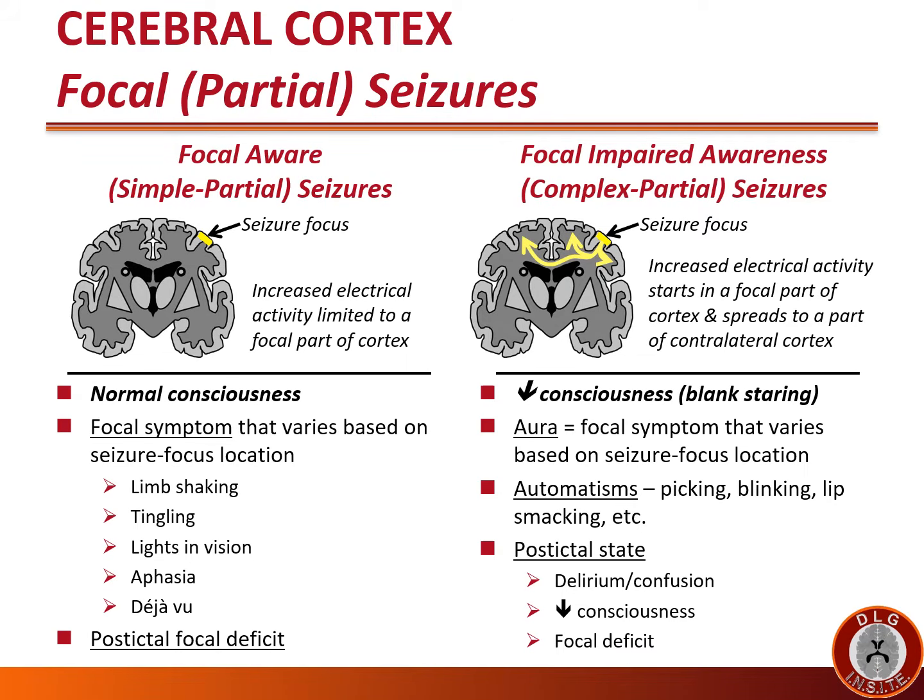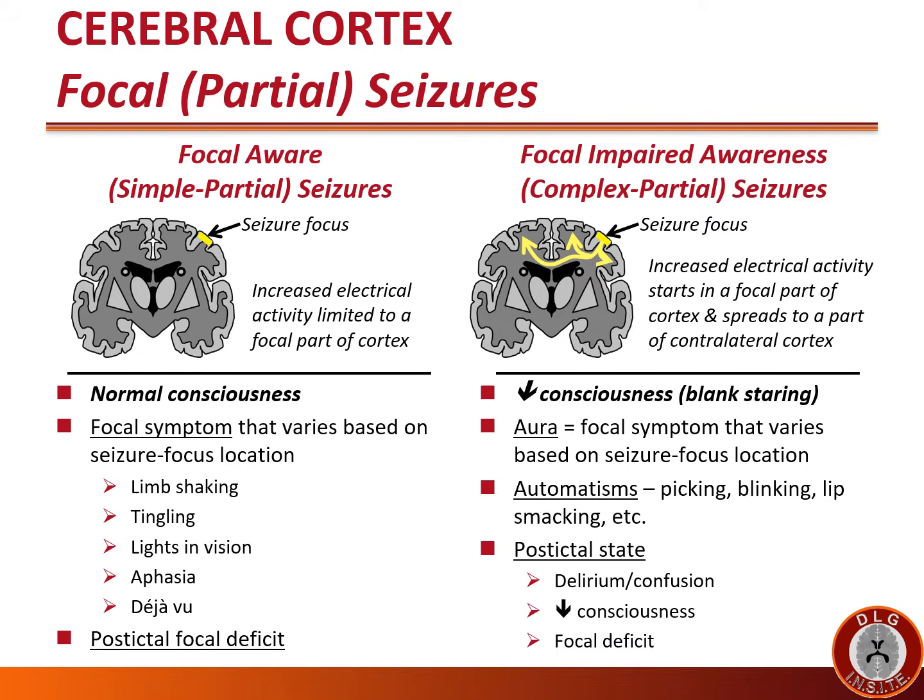If it's in the motor area, the patient may have limb shaking on one side of the body. If the lesion is in the parietal area, for example, the patient may have tingling on one side of the body. In the occipital area, they may have lights in the vision. In the language center on the left, they may have an aphasia, or in the temporal lobe, have a sense of deja vu. And often, there's a postictal focal deficit.